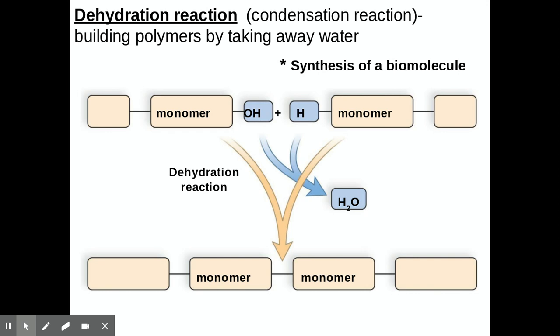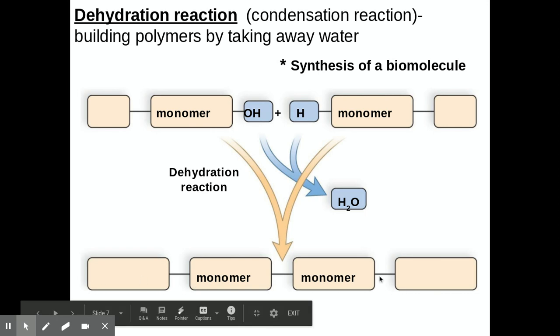So if you look at this picture, if you are building or synthesizing a biomolecule, you're putting these together, you're going to push out water in the process. As these two monomers right here come together, water is squeezed out. Hence, dehydration reaction. If you're squeezing out water, you're dehydrating something. Or condensation reaction, making water, forcing the water out. So when they push two monomers together, it squeezes out water, and this is a very long polymer now.